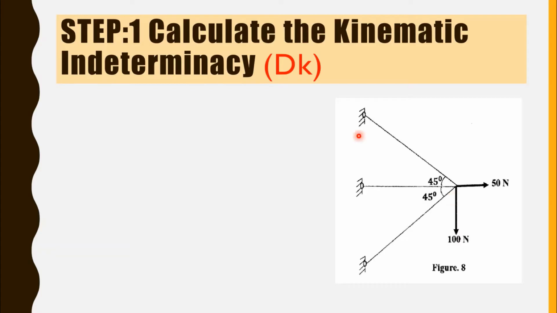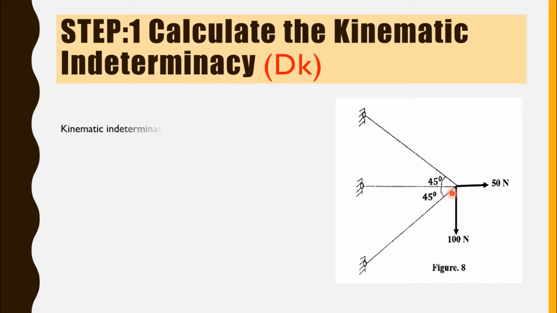So here we can see these three ends are fixed, so the degrees of freedom of these three ends are 0. And we have a free joint. At this free joint, since it is a 2D truss, it will have 2 degrees of freedom.